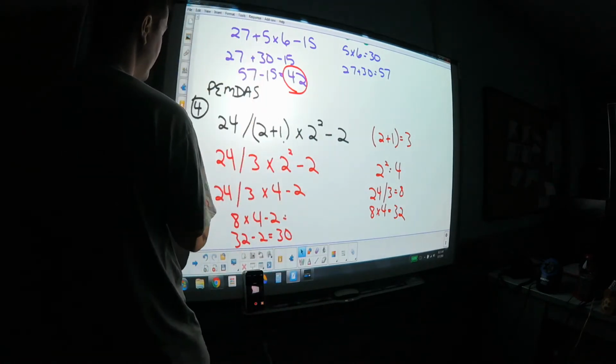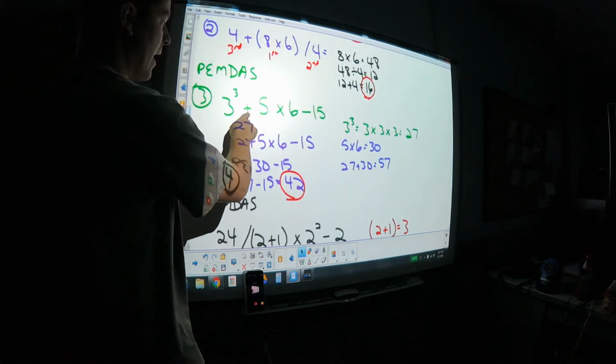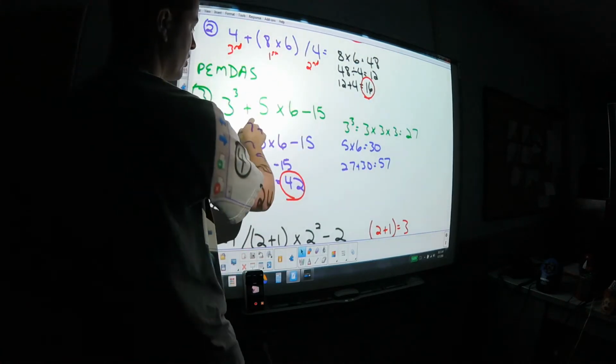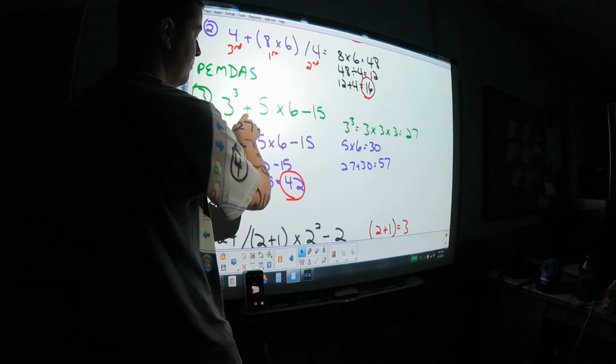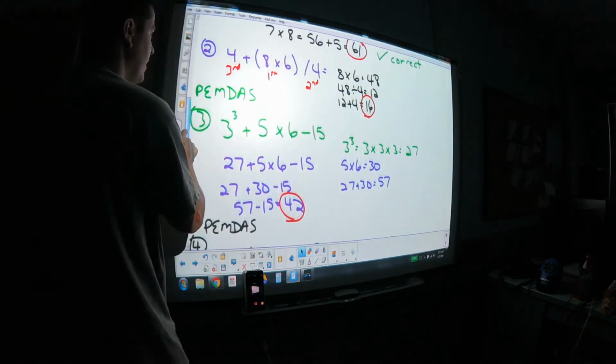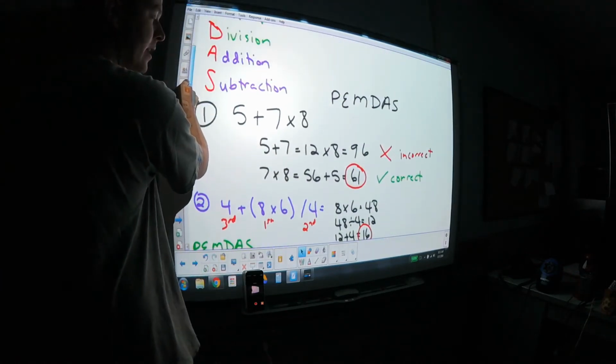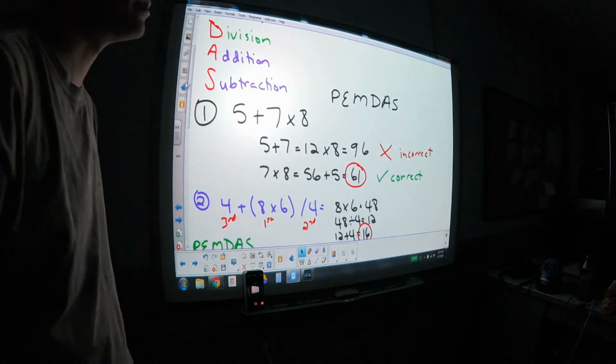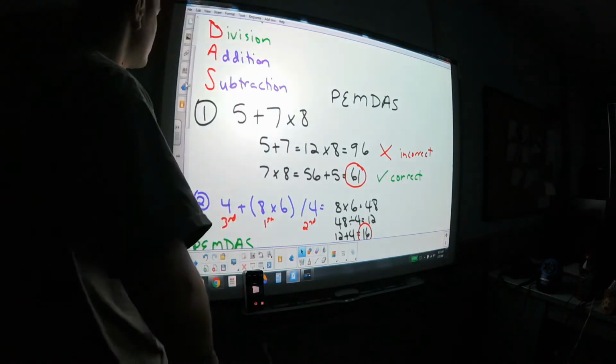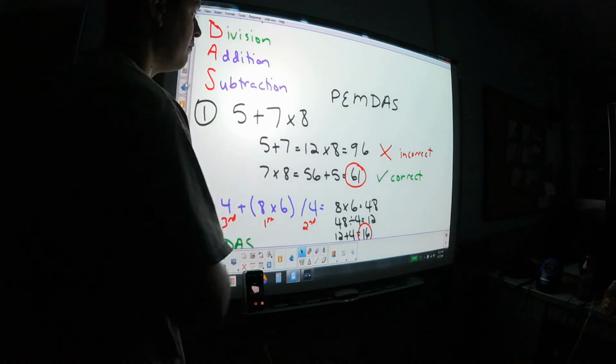So like in number 3, you have addition and subtraction, so you're going to do addition first because it came first, then subtraction. If subtraction comes first in the problem, then you do subtraction first.